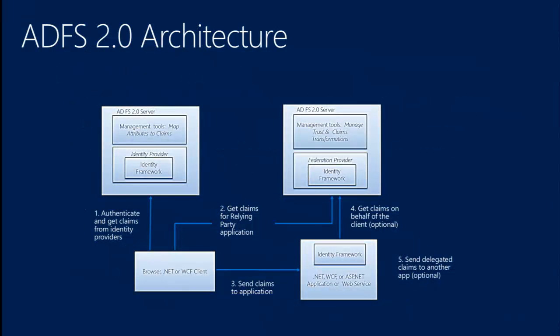All right, so let's look at a high-level architecture of an ADFS solution. As I mentioned before, we could link to another ADFS server, say our partner organization's ADFS server. And ADFS could be a relying party as well as an identity provider. We can configure other identity providers to work with ADFS.